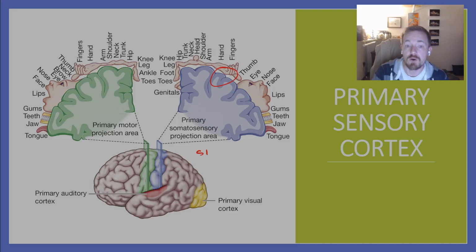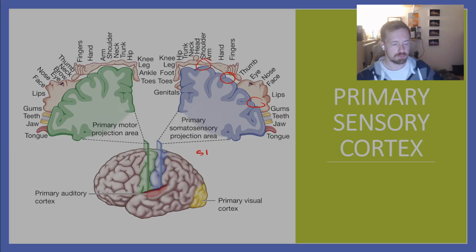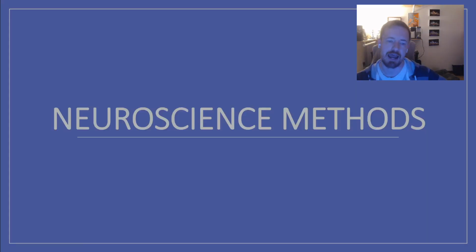So that's how we know. This is how we know what areas of the brain are responsible for detecting our fingers, or our shoulders, or our lips moving or something touching our lips: from using MRI, or I should say neuroimaging techniques, and then using the subtraction method to isolate what areas are active.